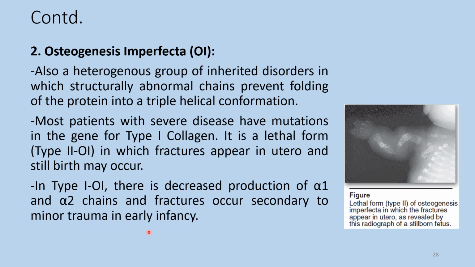In early infancy, a minor trauma to the child or baby may result in a fracture. This is the radiograph of a baby inside the uterus having spontaneous fractures, multiple fractures you can see, and definitely this baby was born dead.